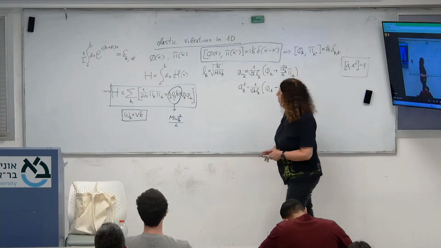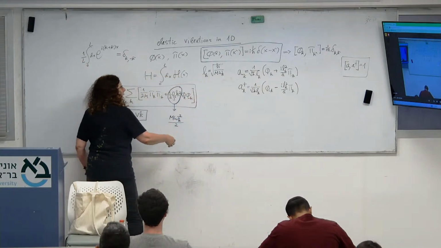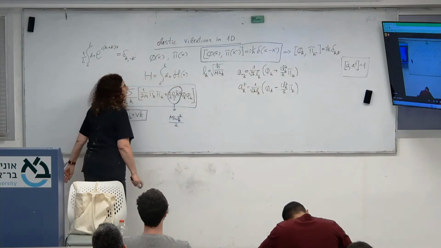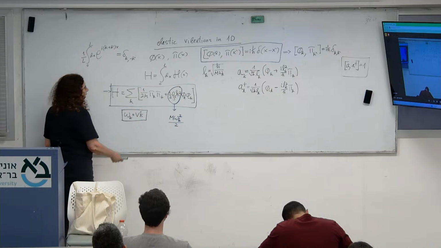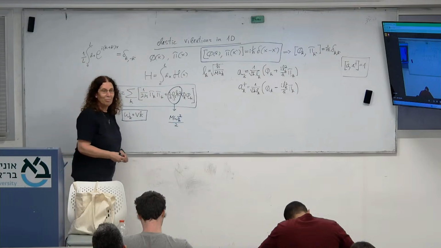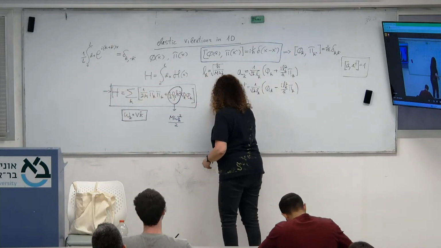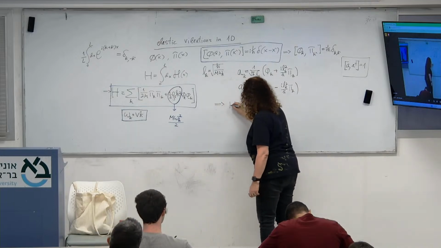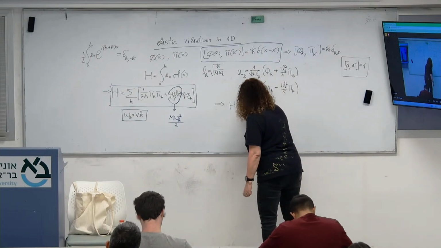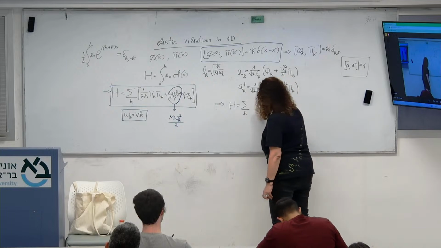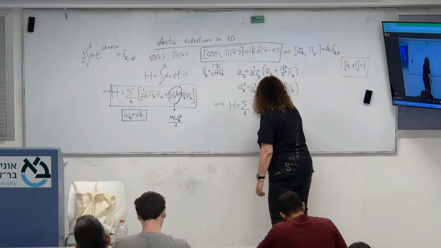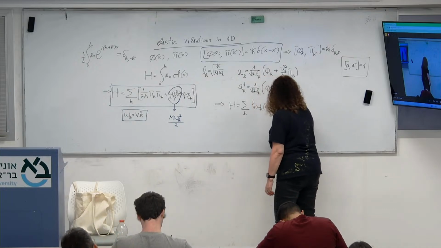And now what do I do? I take this, and you can always, of course, invert the transformation to get phi and pi in terms of A and A dagger. You plug it into here, and what do you get? Can you guess what you get? I think you can guess, without doing the calculation, that you're going to get a sum over k of h bar omega k times A_k dagger A_k plus one half.